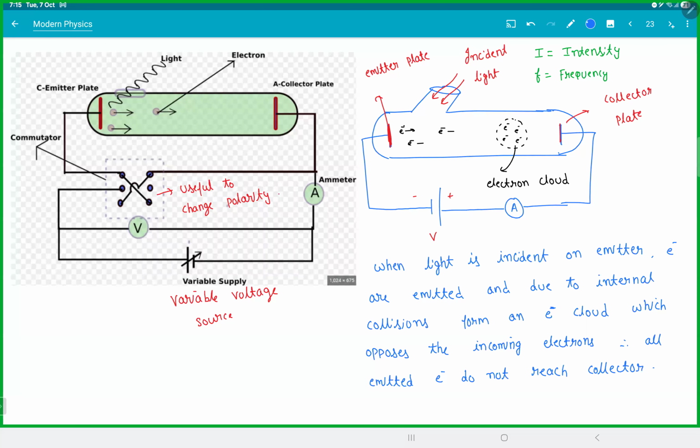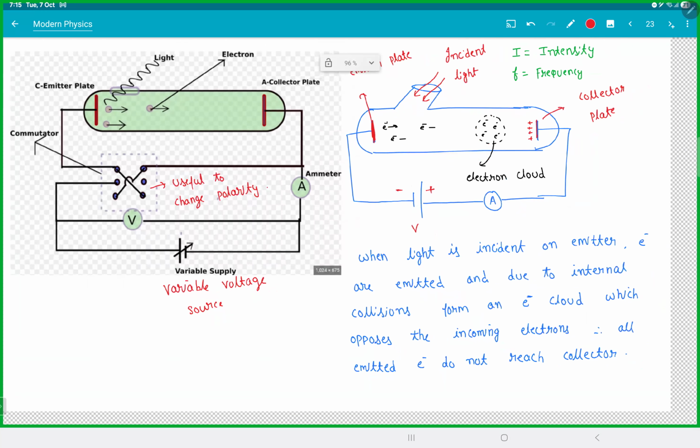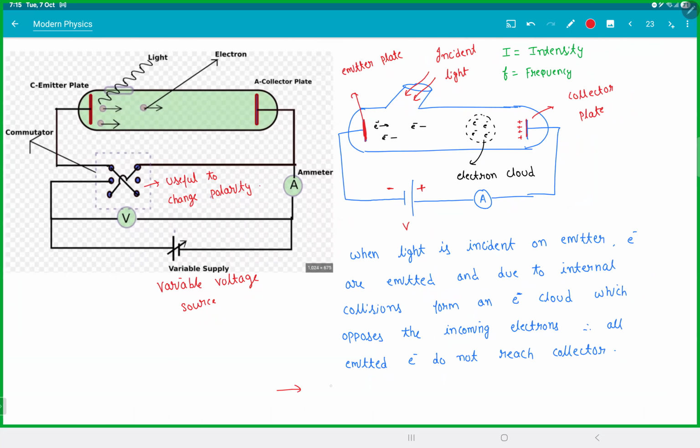So what we do here, we keep the battery here. You can clearly see this is the positive terminal, this is the negative terminal. So the collector becomes positive. So what will happen? The collector will start attracting this electron cloud. By putting a battery, you can actually increase this current flow.